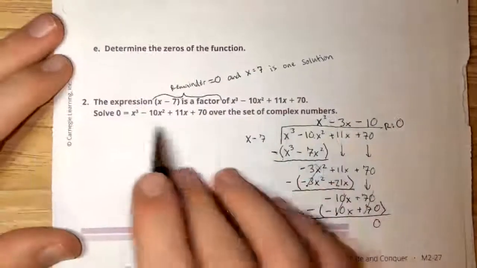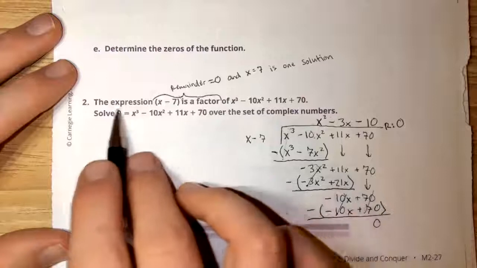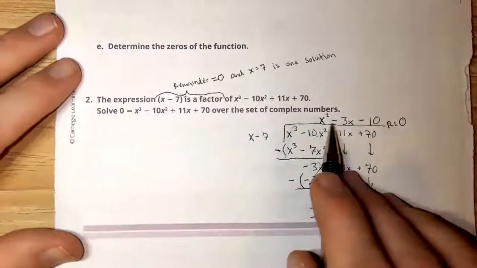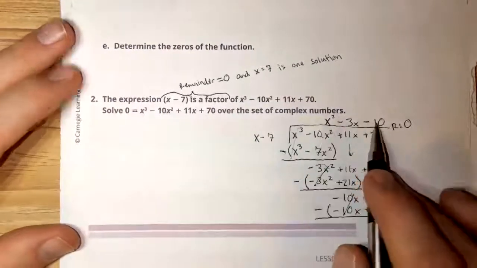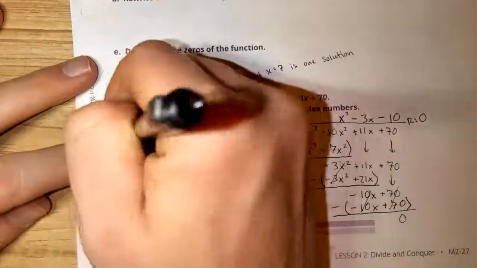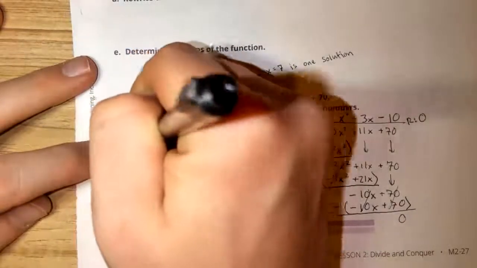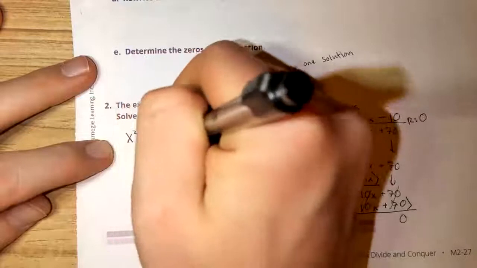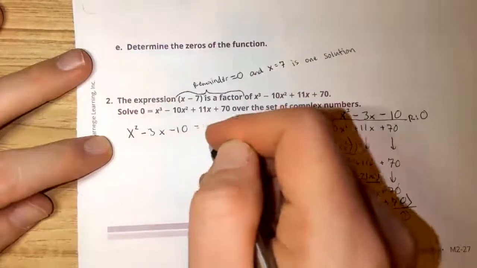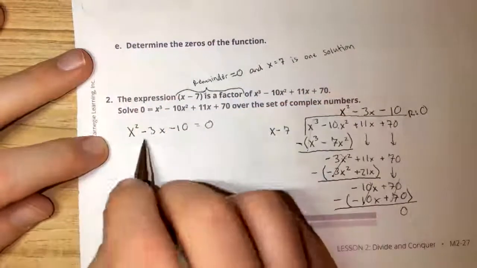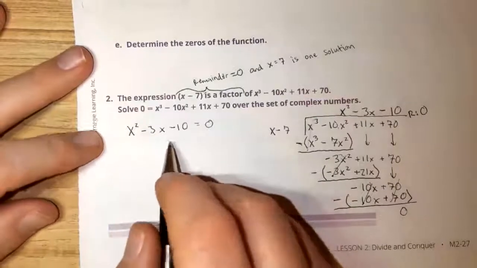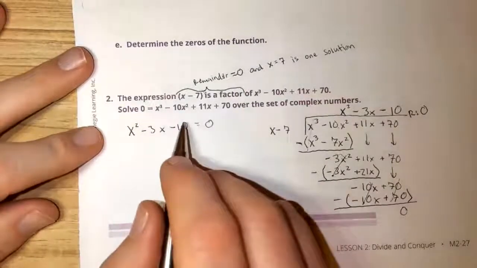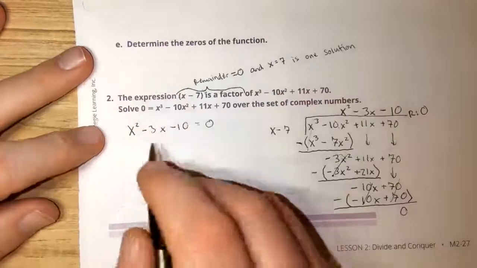Okay. So to solve this now, we've created a quadratic equation. We've created x squared minus 3x minus 10. And then to solve, we always say equal to 0. So what we could do at this point is try to factor it. Are there factors of negative 10 that add up to negative 3?